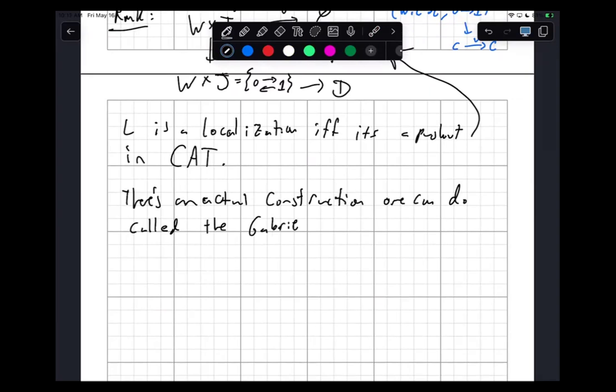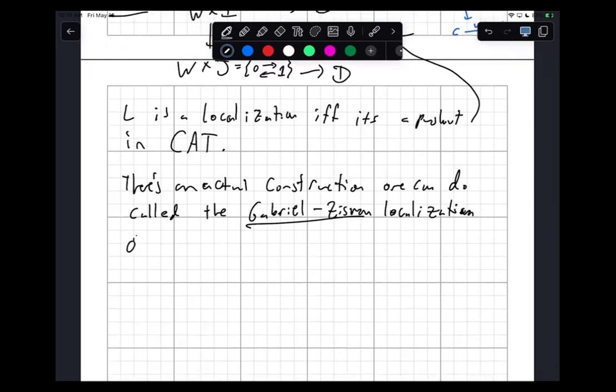Now, all I've said so far is if this thing exists and blah, blah, blah. There's an actual construction one can do called a Gabriel-Zisman localization. So its objects are the same.